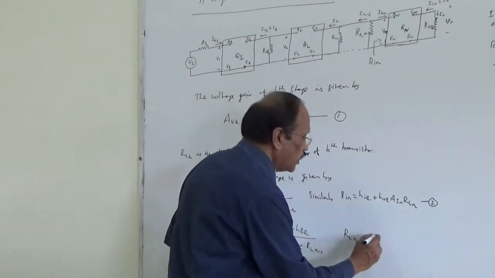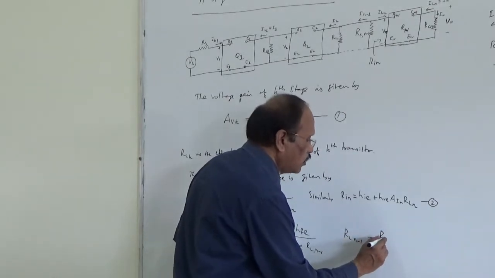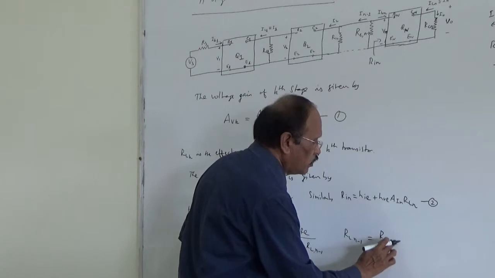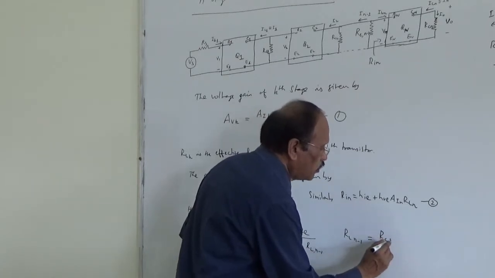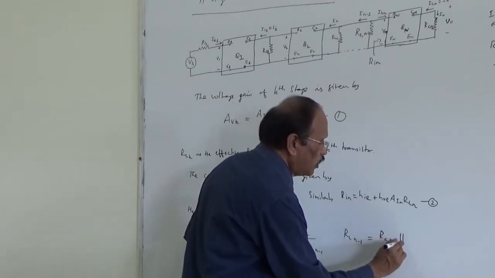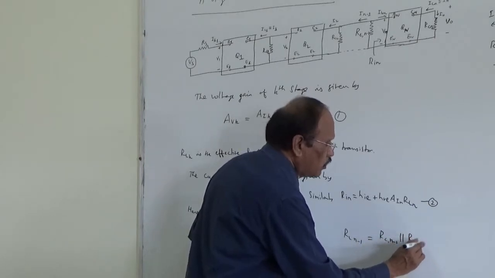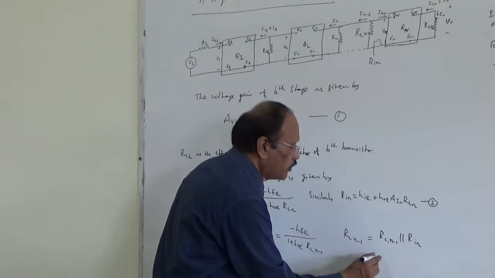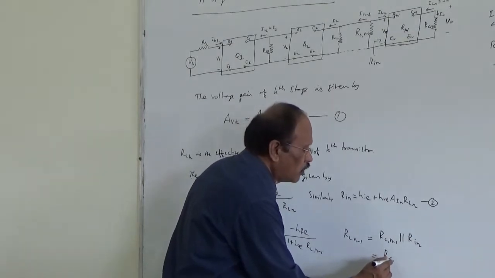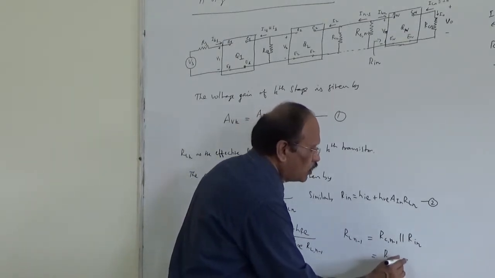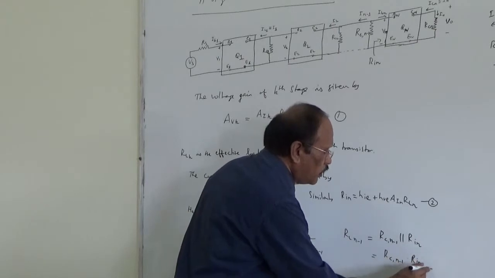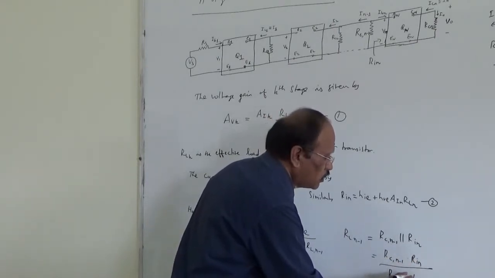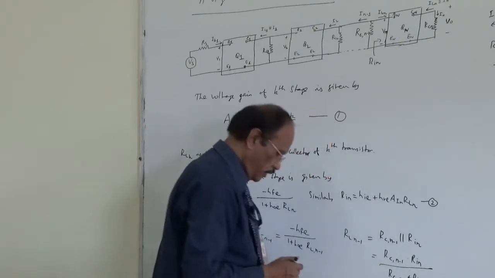So this will be given as RC n minus 1 in parallel with the input impedance of the nth stage, or RC n minus 1 into RIN divided by RC n minus 1 plus RIN.